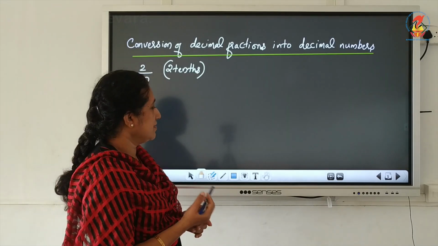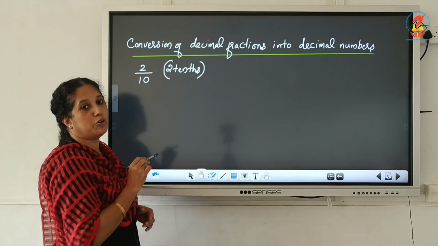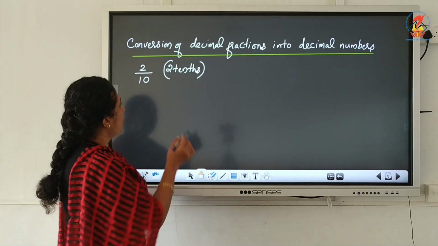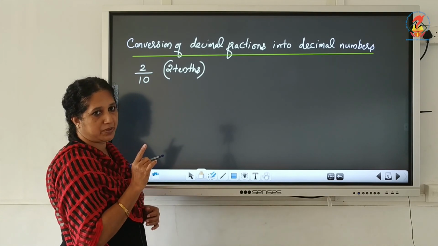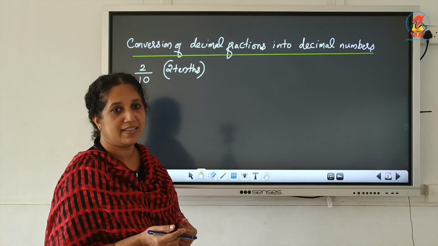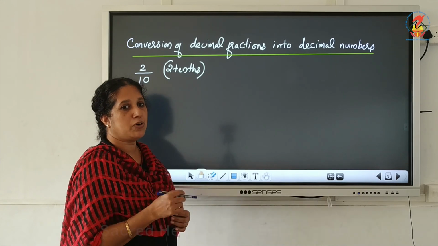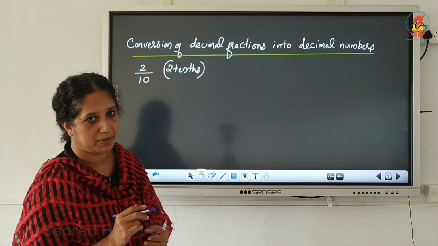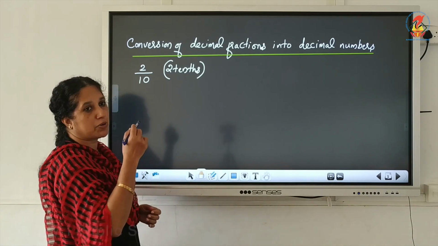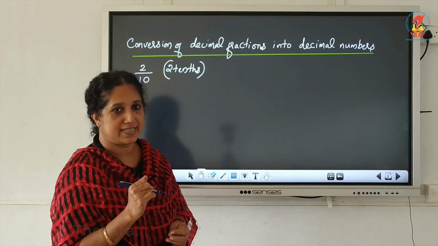For that, what we have to do is count the number of zeros in the denominator. Here, how many zeros are there? One zero. Then count the same number of digits in the numerator, starting from the unit digit.